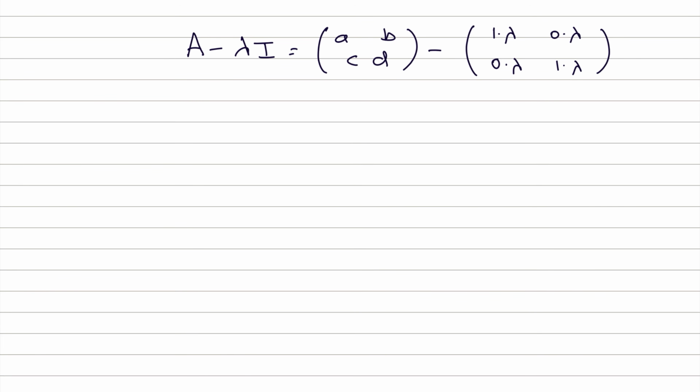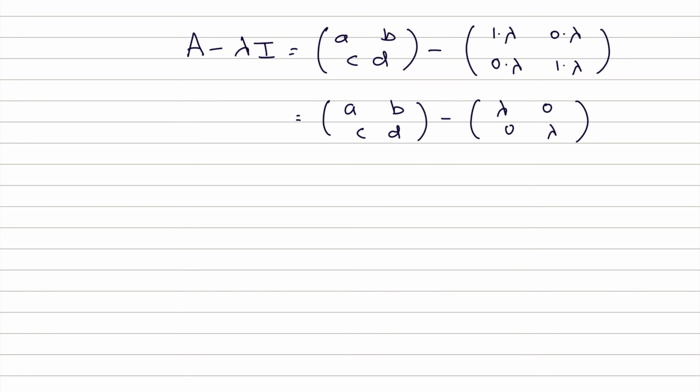When you multiply I with lambda, this will be equal to [A, B; C, D] minus [lambda 0; 0 lambda].